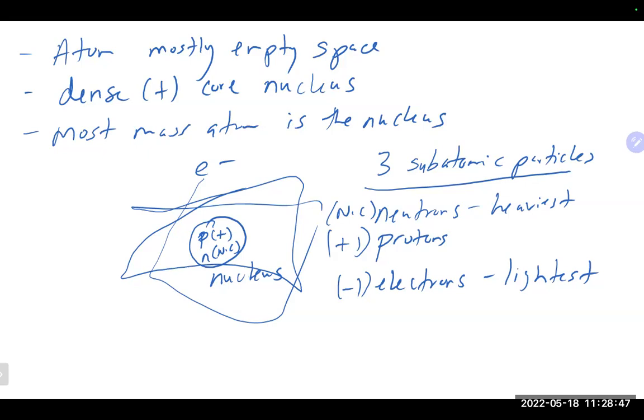We then talked about some properties of atoms in this chapter, and those were the atomic number and the mass number.